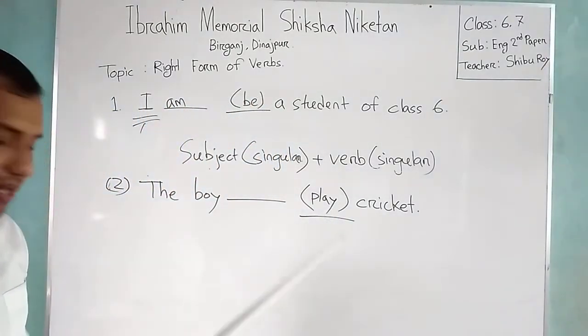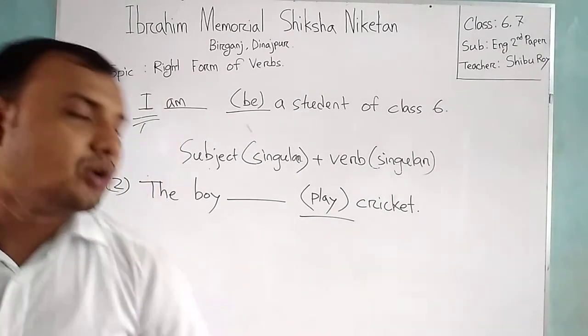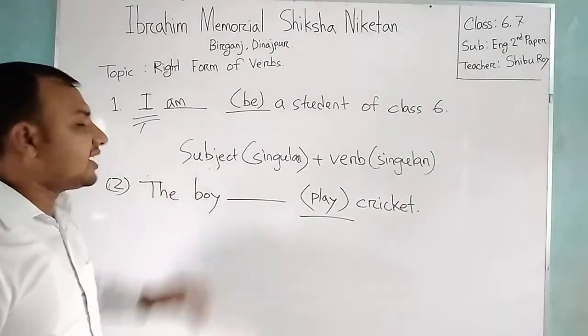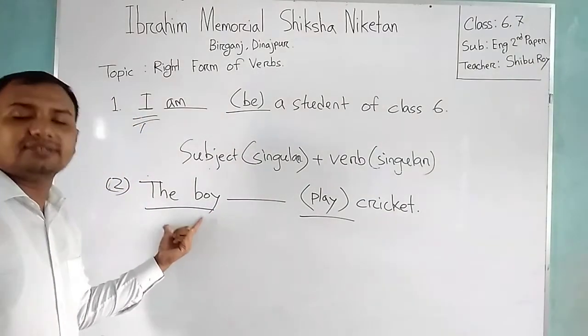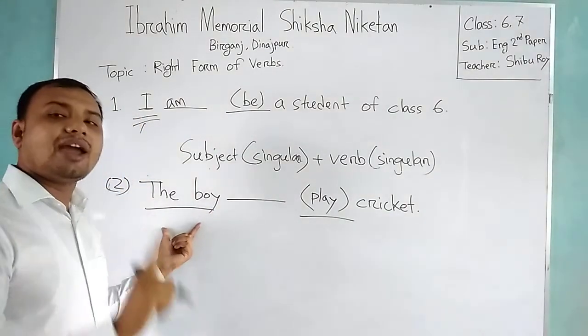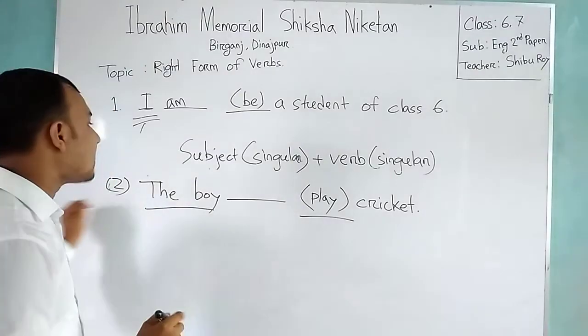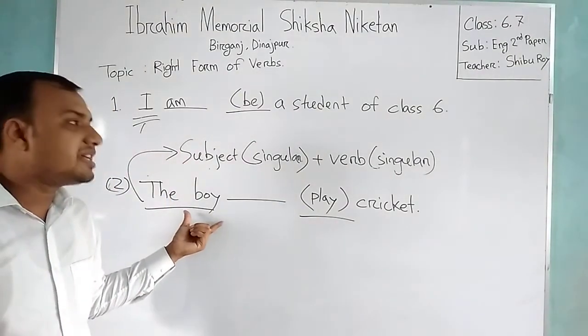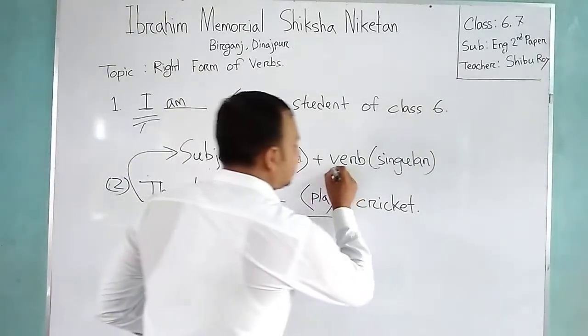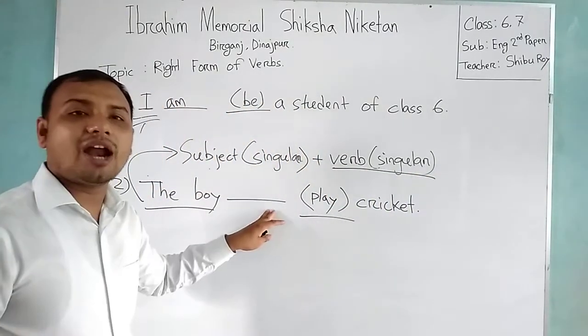We need to fill it up. Look at the subject here, the boy. That means only one boy. That means the subject is a singular subject. So we need to put here the singular verb.